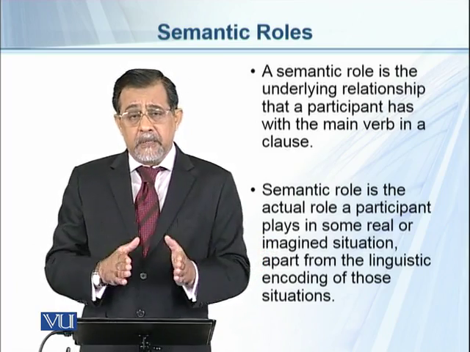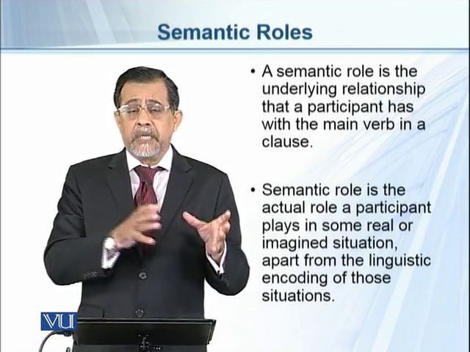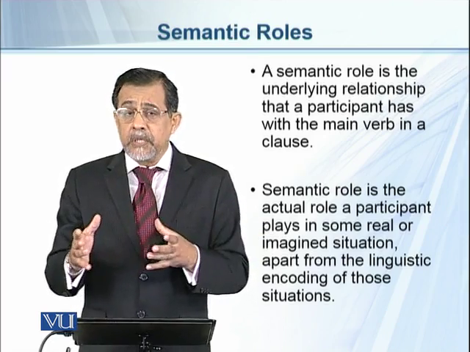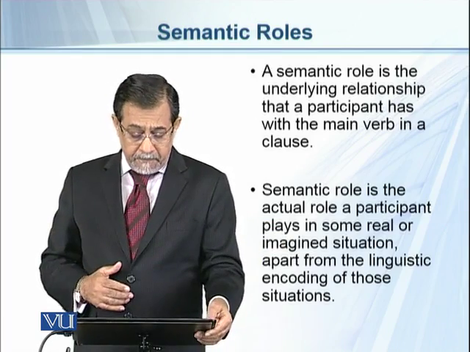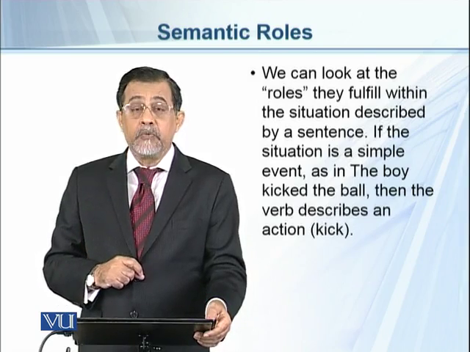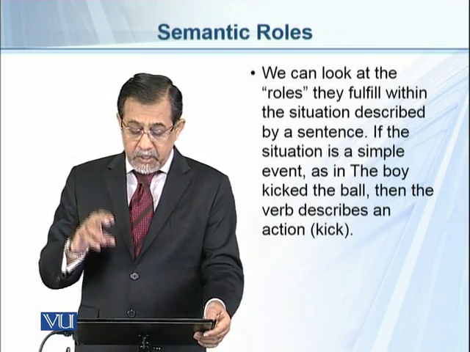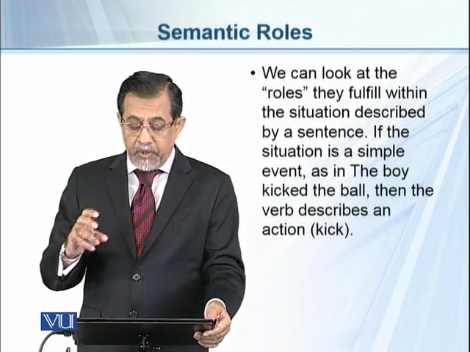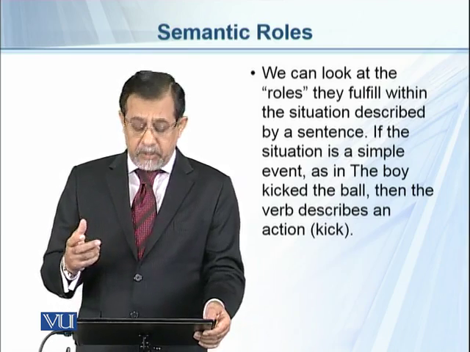So with the help of semantic roles, we can determine who is doing what, right? Who is doing an action and who is receiving an action. We can look at the roles they fulfill within the situation described by a sentence. If the situation is a simple event, as in 'the boy kicked the ball', we know that the verb describes an action.